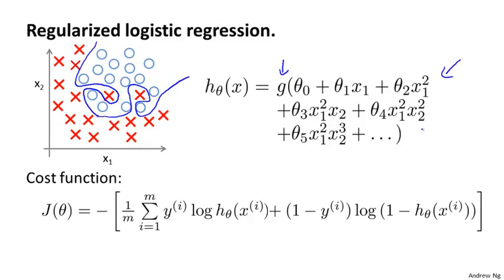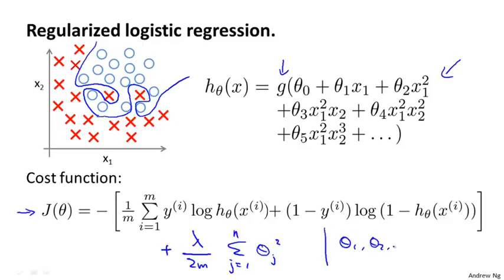This was our cost function for logistic regression, and if we want to modify it to use regularization, all we need to do is add to it the following term: plus lambda over 2m, sum from j equals 1, as usual, rather than j equals 0, of theta j squared. This has the effect of penalizing the parameters theta 1, theta 2, and so on up to theta n from being too large.